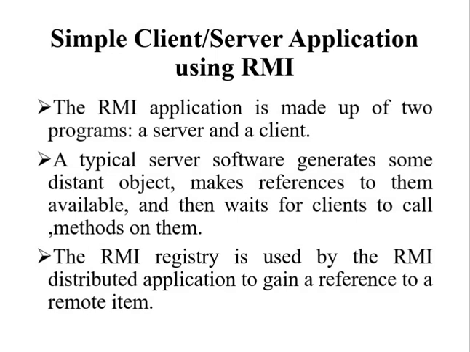The RMI registry is used by the RMI distributed application to gain a reference to a remote object. To associate a name with a remote object, the server contacts the registry. The client searches the server registry for the remote object by name and then calls a method on it.